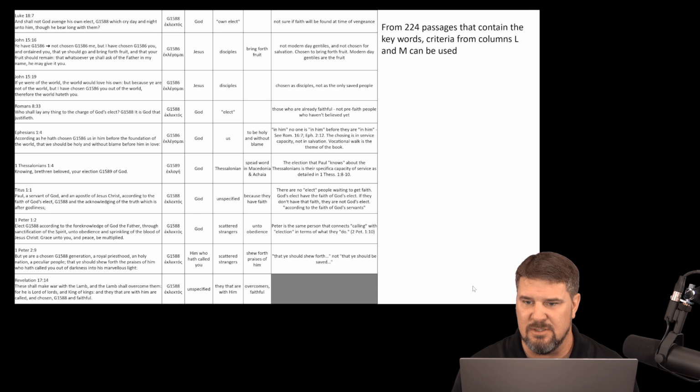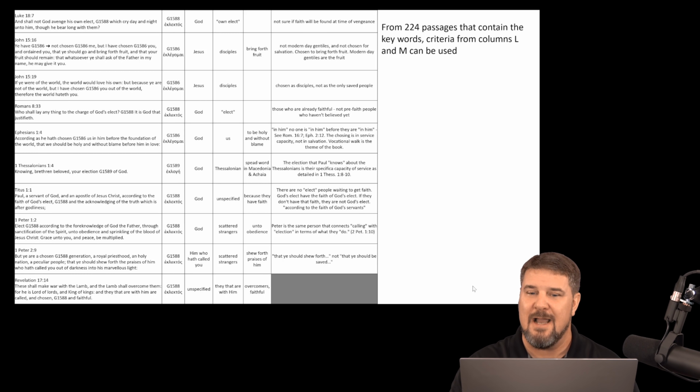Just 10 passages. Now, 10% of 224 would be 22.4. So we're dealing with less than 5% of the passages that contain a form of the word election that might maybe have something to do with Calvinism, for or against Calvinism.